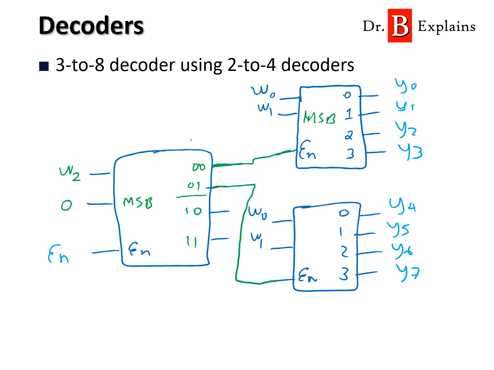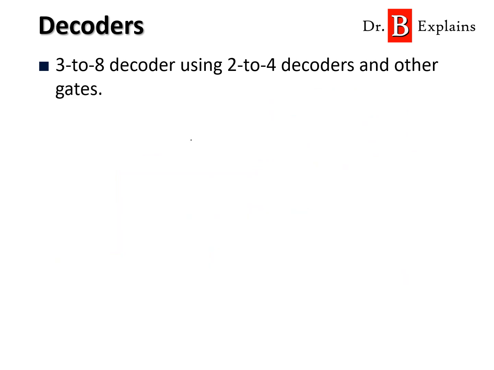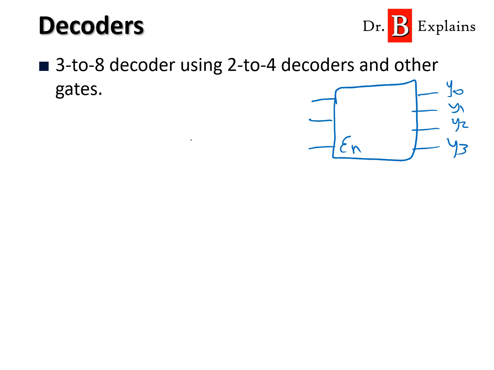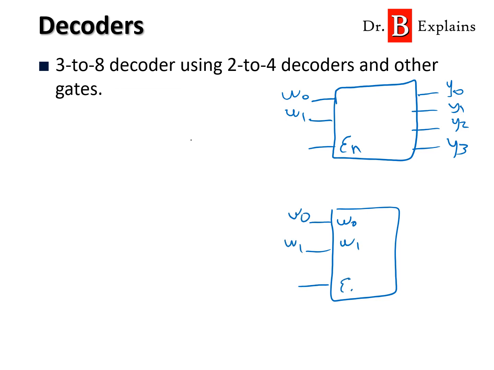Another case that we can do is we can also use decoders and other gates. The right hand side is going to be the same, but now we need to design a logic circuit that is going to turn on either the top one or the bottom one.